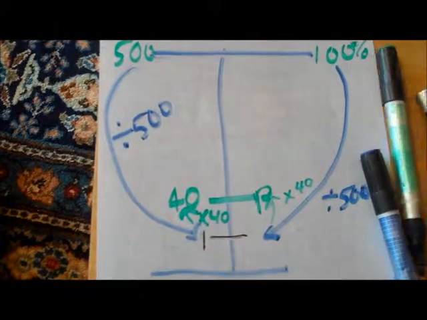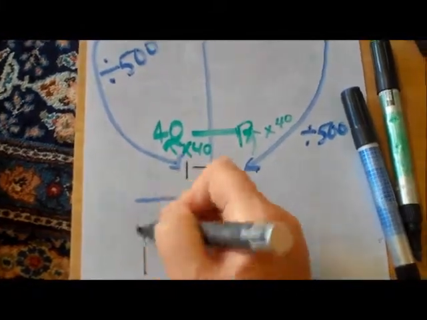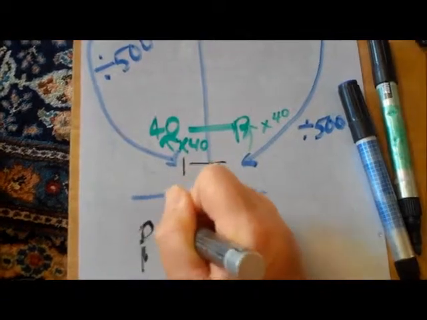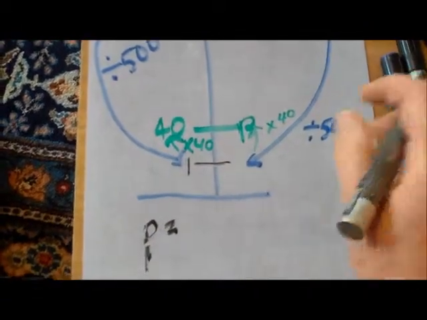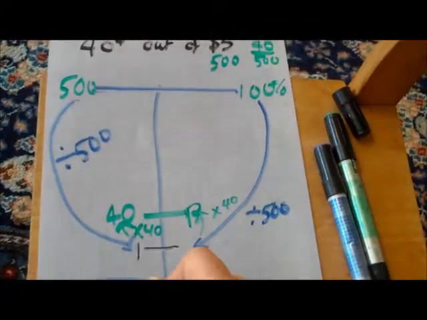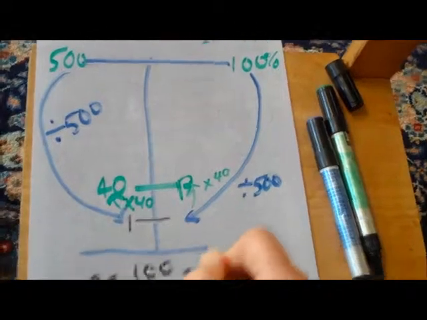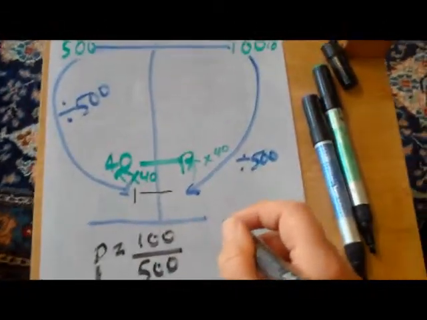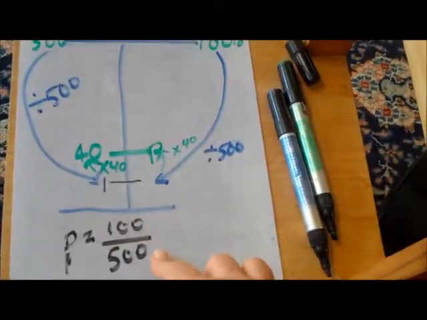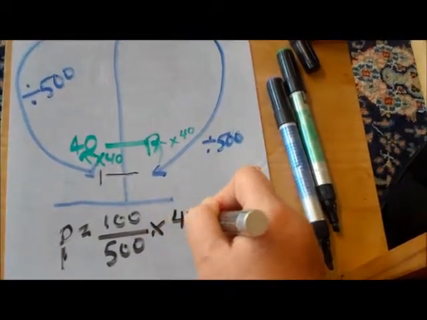So my percentage is, let's follow the arrows back. My percentage is 100 divided by 500. Oops, sorry. 100 divided by 500 multiplied by 40.